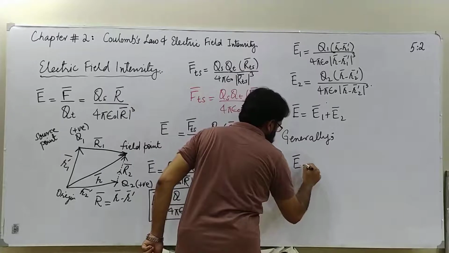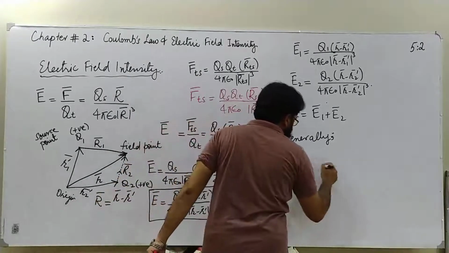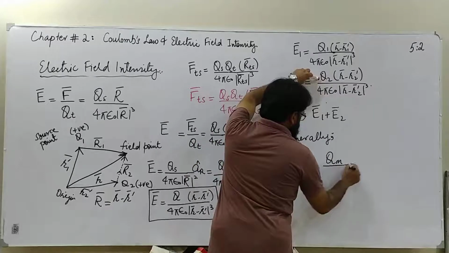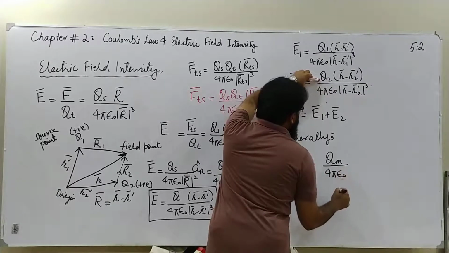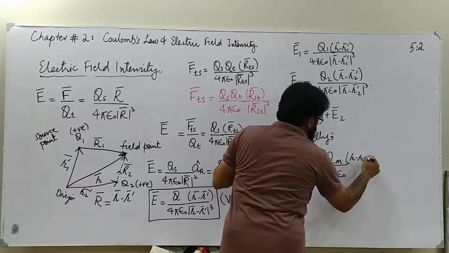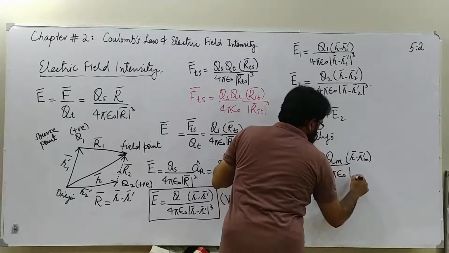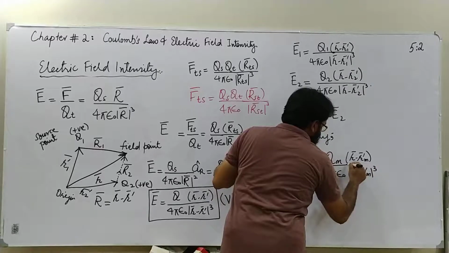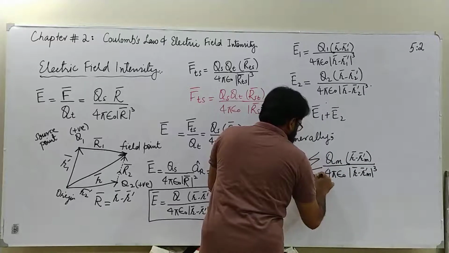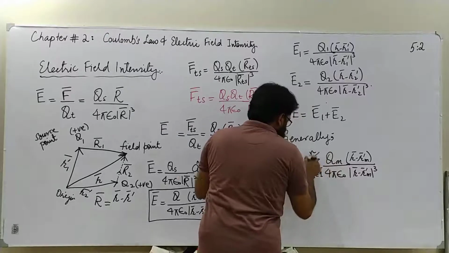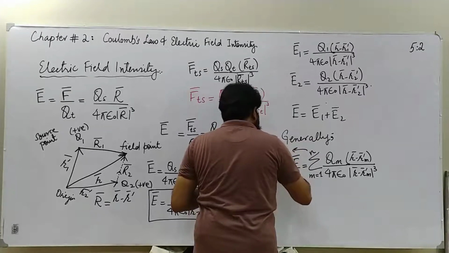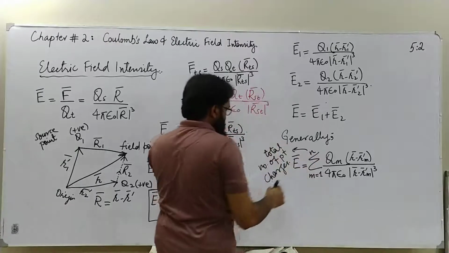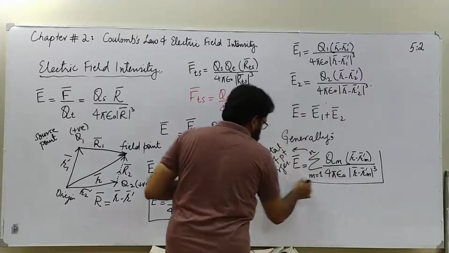So due to n number of point charges, the field at any point is nothing but the sum of qm divided by 4 pi epsilon naught, times r minus r prime m divided by its magnitude cubed, where m is the summation from 1 to n, where n is the total number of point charges due to which we need to calculate the field.